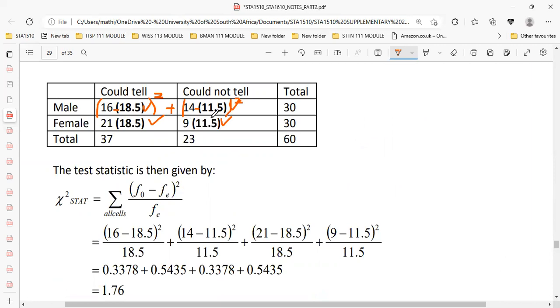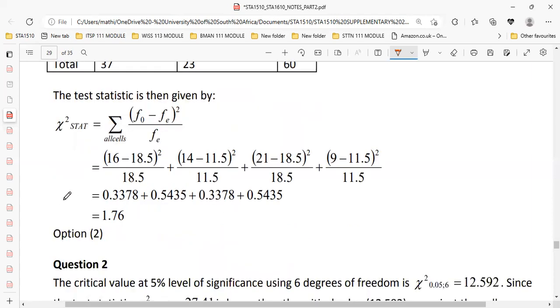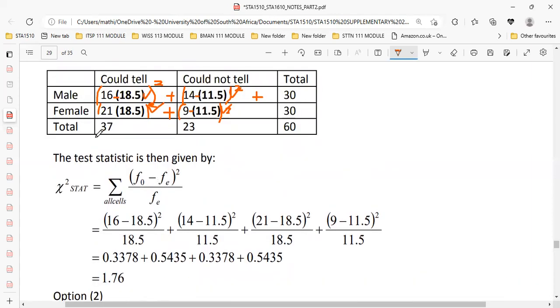Then plus 21, minus, then squared. Then plus 9 minus 11.5, squared. Then you divide by what? Here you divide by 18.5, here 11.5. Then here you divide by 18.5, then here it's 11.5.